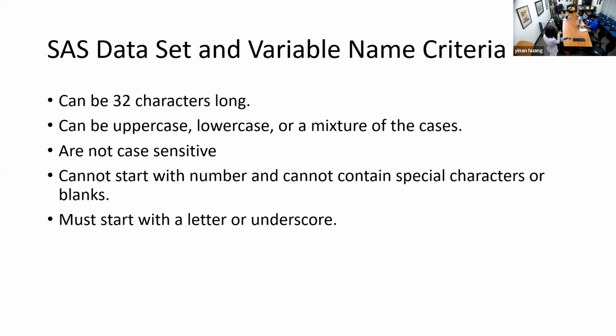It's a letter, right? 32 characters long. It can be uppercase, lowercase, or a mixture of these cases. They are not case sensitive. I think that's good news. They are not case sensitive. They cannot start with numbers, and cannot contain special characters or blanks. They must start with either a letter or an underscore.